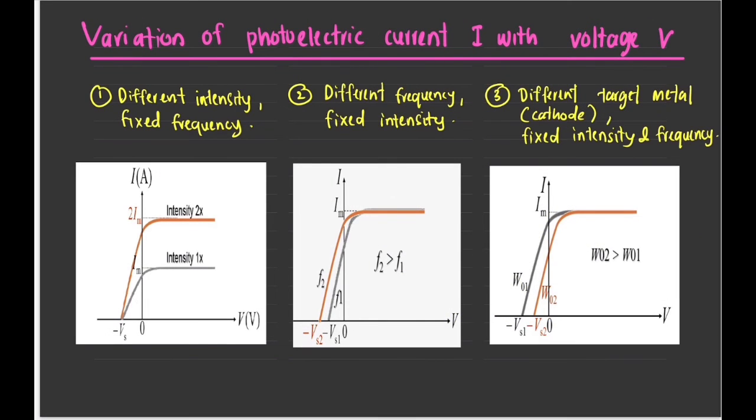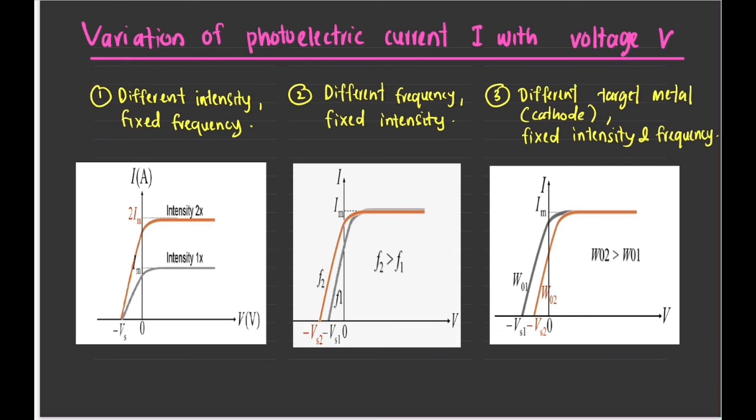Now let's look at the variation of photoelectric current I with voltage V. The first case is for light of different intensities, but its frequency is fixed. So the current increases with intensity but reaches a saturation level Im for large values of voltage. At voltage equal to or more negative than negative Vs here, the current is 0.